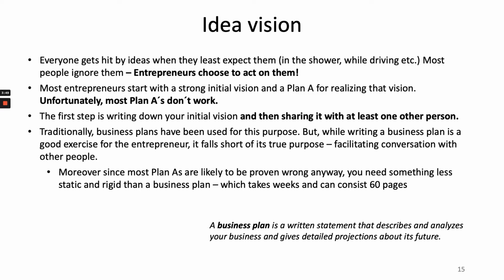So the first step is writing down your initial vision, and then you start sharing it with at least one other person. So you write it down, let's say even on a napkin, and you just ask one other person, what do you think about my idea? And they will give you some feedback, and then you can change your idea a bit or a lot.